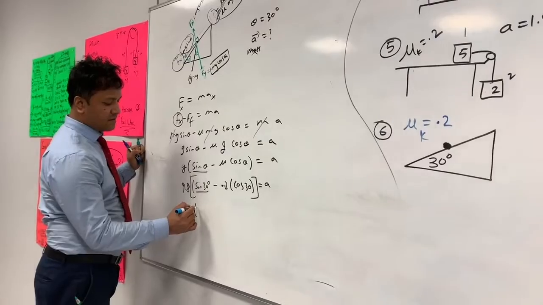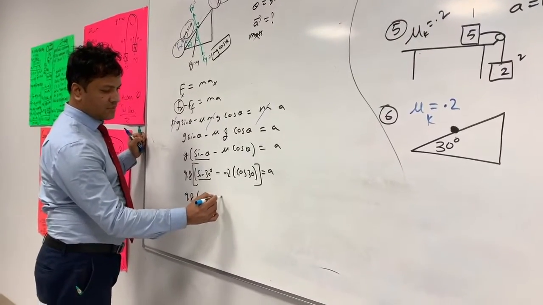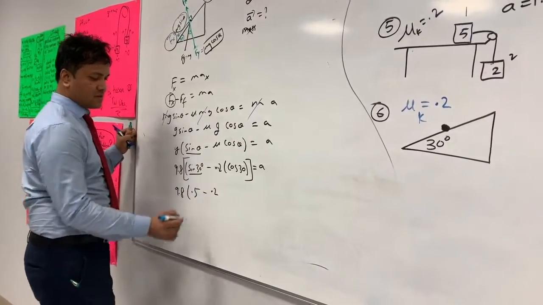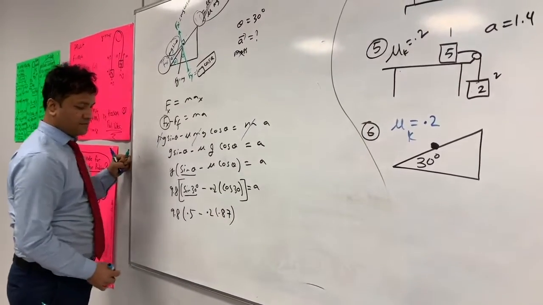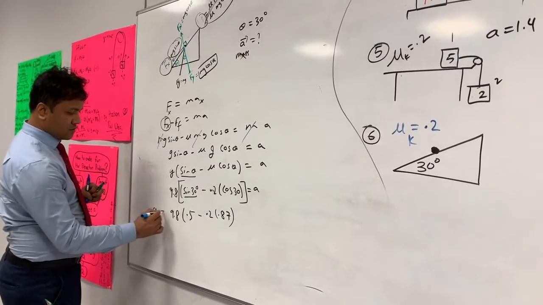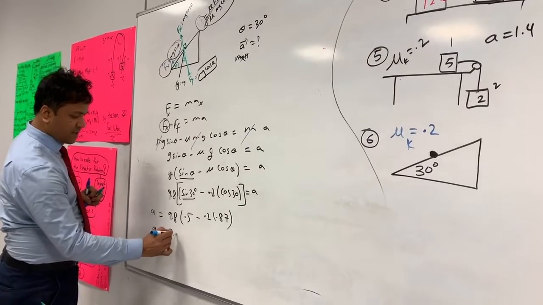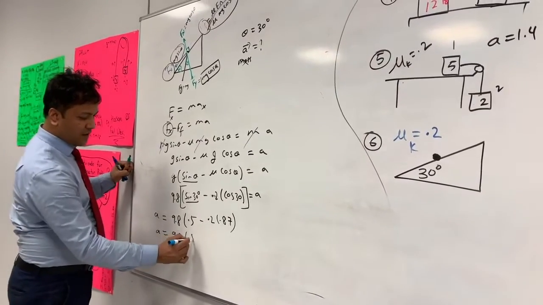Sine 30 is half, 0.5. Minus 0.2 times cosine 30, which is 0.87. So the acceleration is 9.8 times 0.5 minus 0.2 times 0.87.